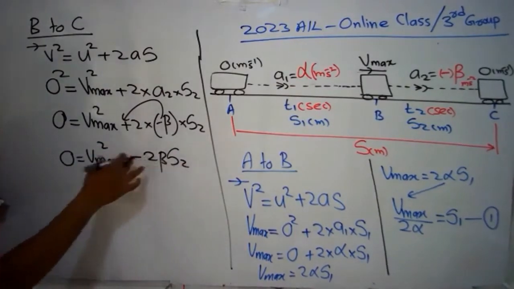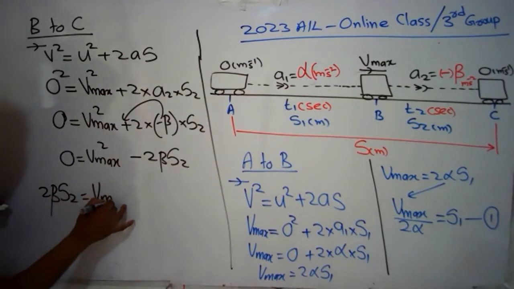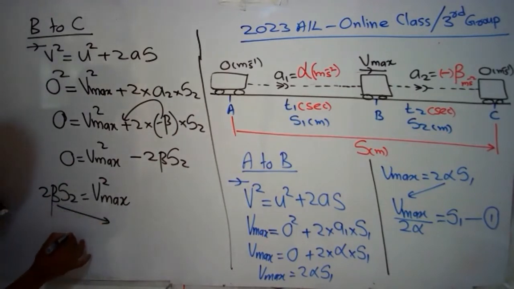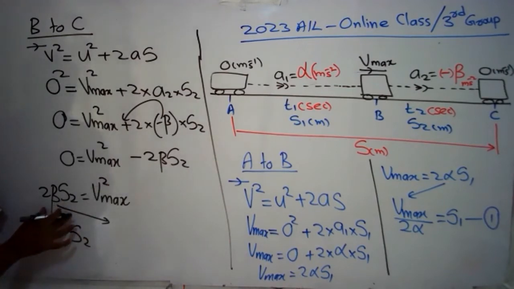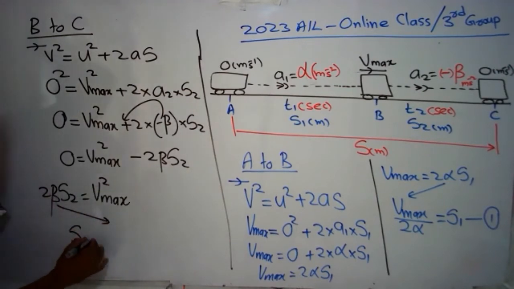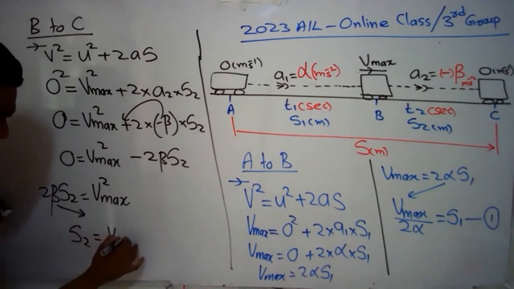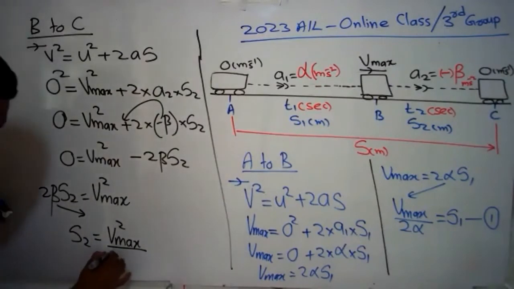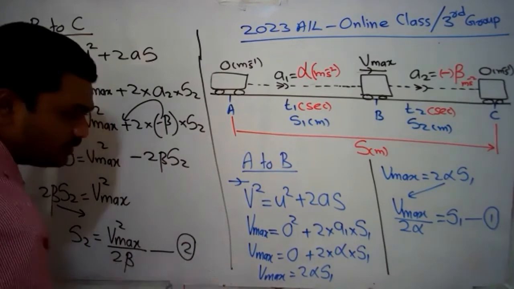Minus 2 beta S2 comes to this side as positive 2 beta S2 equals Vmax square. I'll take 2 beta to the other side by cross multiplication. Then we'll get S2 equals Vmax square divided by 2 beta. That is our second equation.